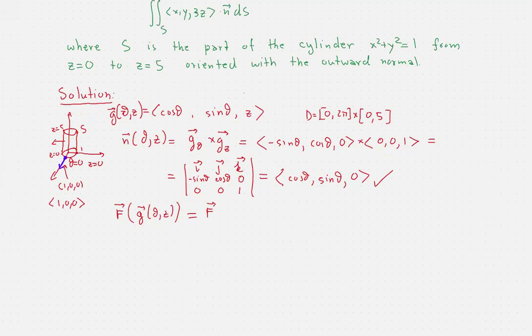So this is f of cosine theta, sine theta, comma z, and this is going to be cosine theta, sine theta, 3z.